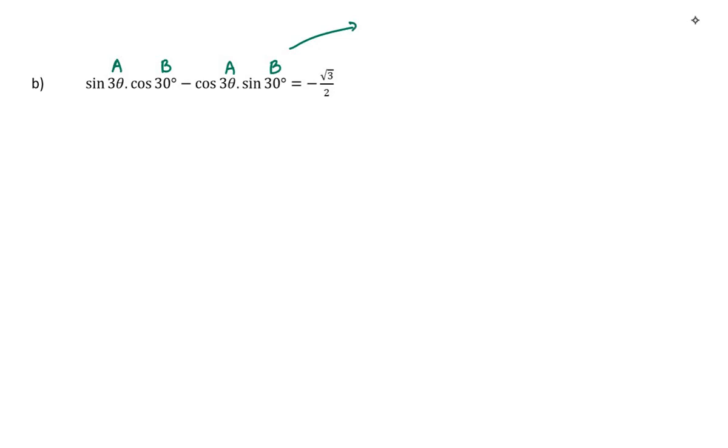If my memory serves me correctly, this is sine of A minus B. So therefore, this would be sine of 3 theta minus 30, because I identified who A and B were, equal to minus root 3 over 2.